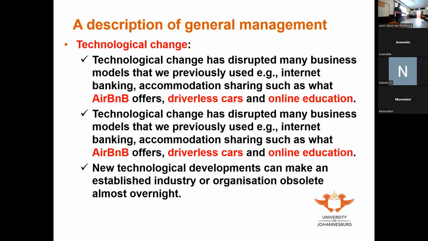Technological change. We look at Airbnb. AI is now a very big thing. I am involved with AI technologies quite a lot, and I can automate quite a bit of work. So one of the things I will do is the test that you write.